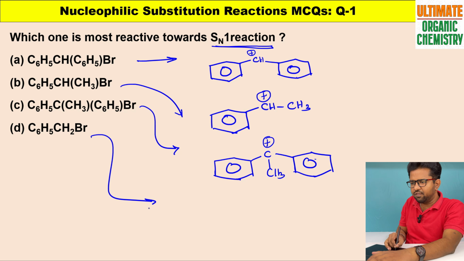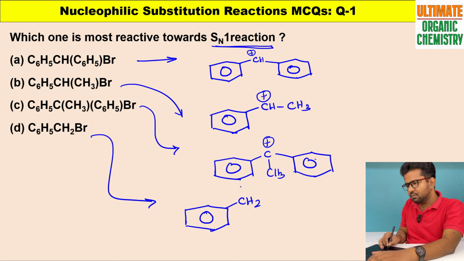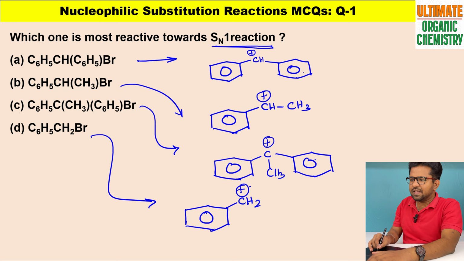And the fourth one will give benzyl cation. The first species is an example of secondary carbocation, and the second one is also an example of secondary cation. The third one is an example of tertiary cation, and the fourth one is an example of primary cation.